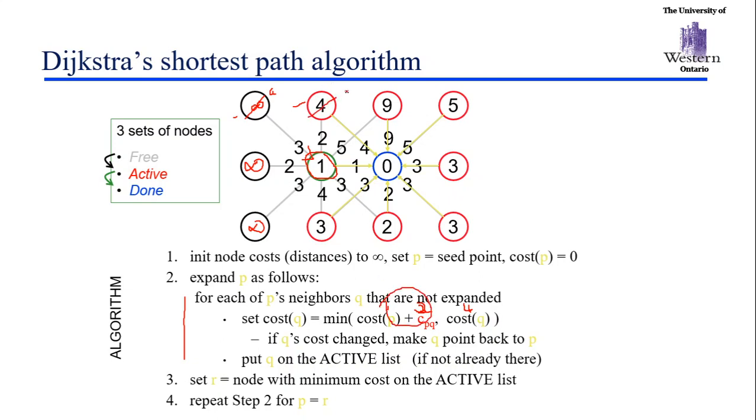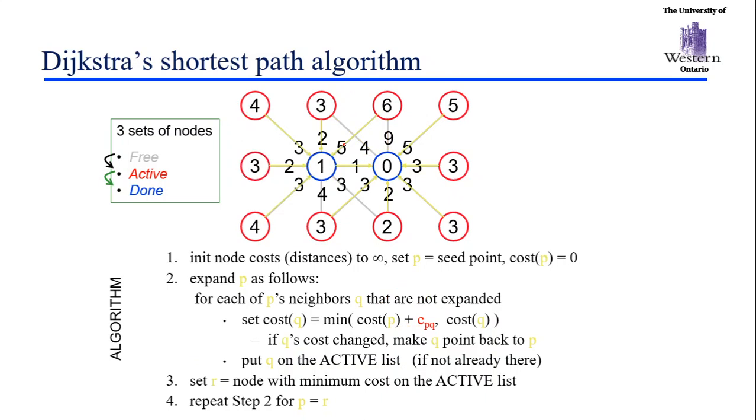So this will become 3, and this we cut and we point the arrow like this. So you can see as it expands, we know how to go along the least cost path to the seed point, which is circled in blue. So I think now you understand the algorithm. If you know how to find the link costs and then run this algorithm, you have the segmentation. Then after that, it is just a displaying activity.